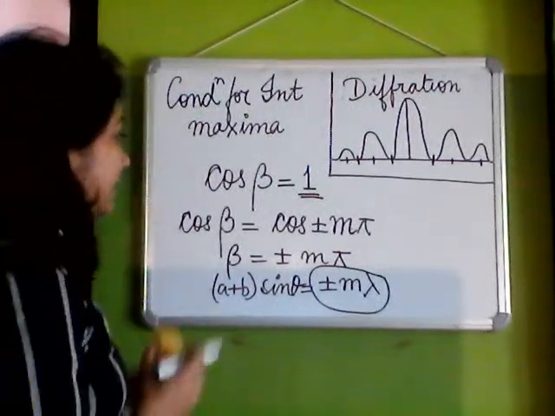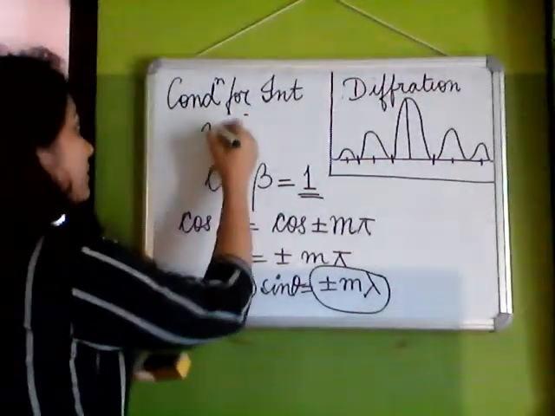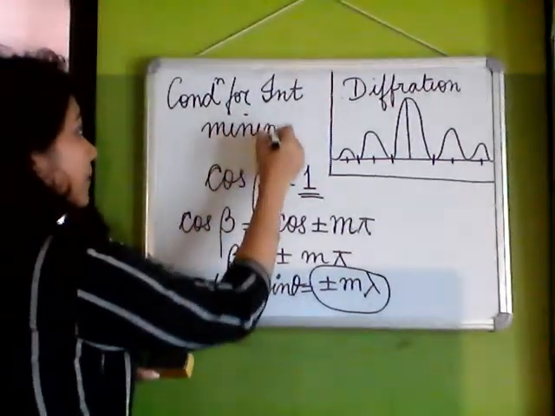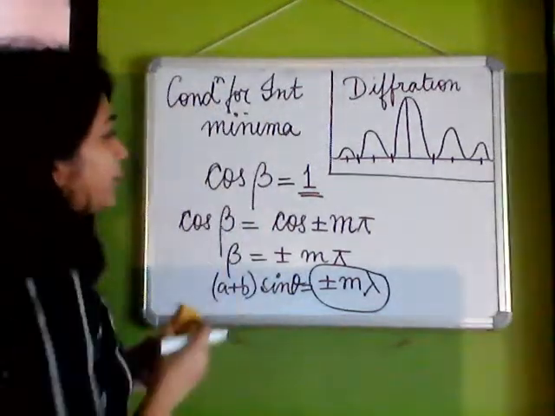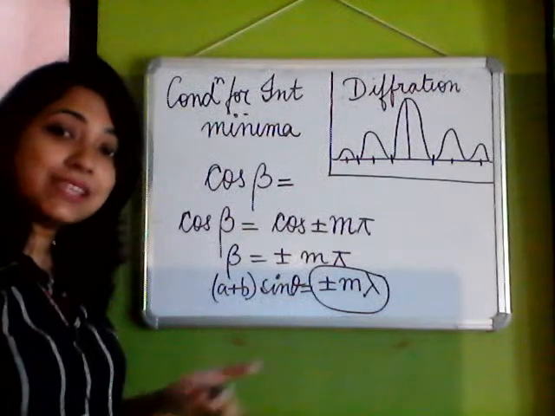On the other hand, now if I have to calculate the conditions for interference minima, all of you will agree with me that this cos term has to go to 0.